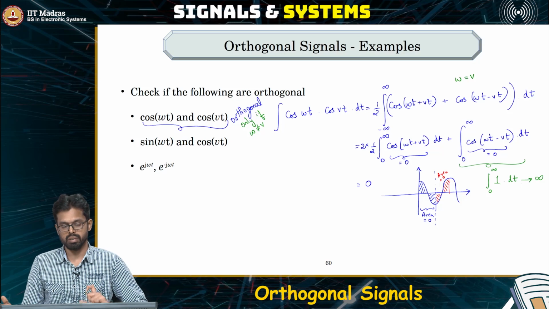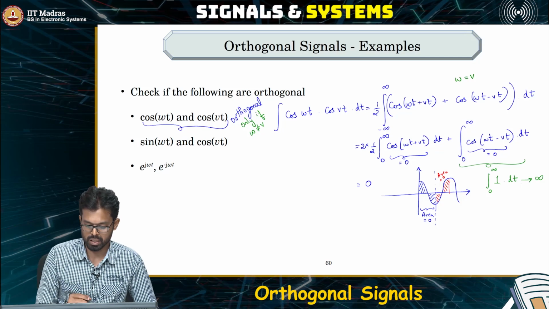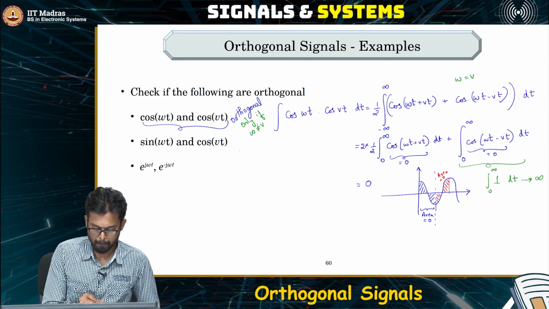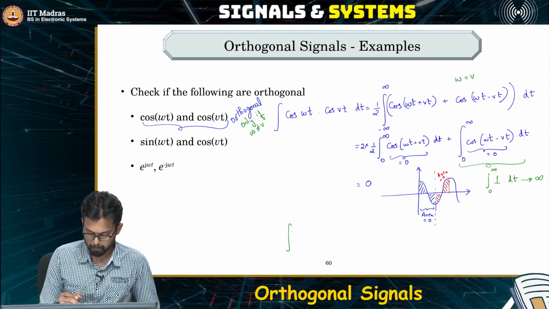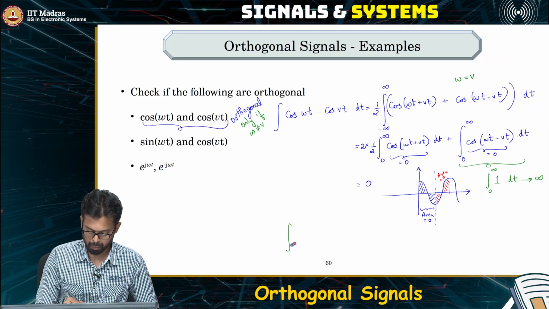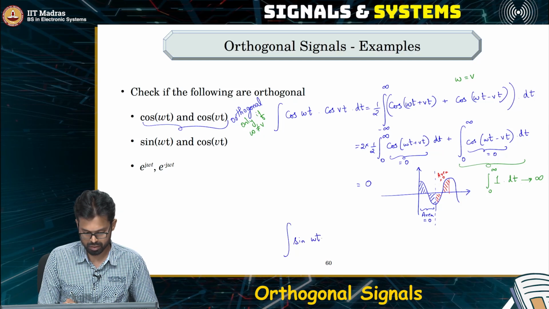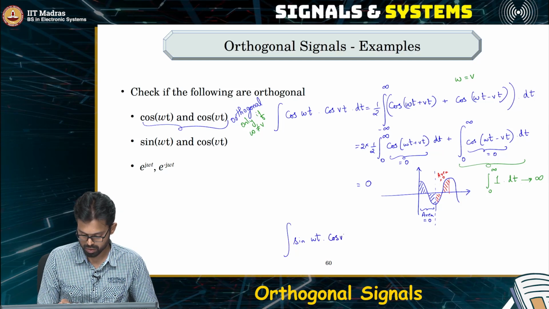So this means that even if I take a sine, it should be orthogonal with cos. Is that true? Let's check that. So sine omega t times cos vt.